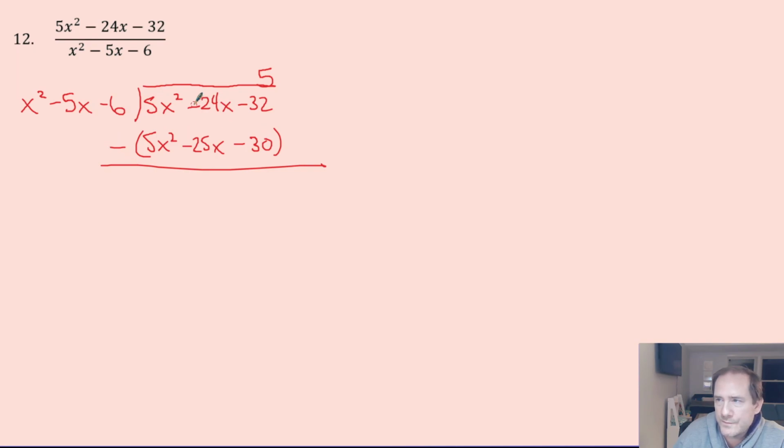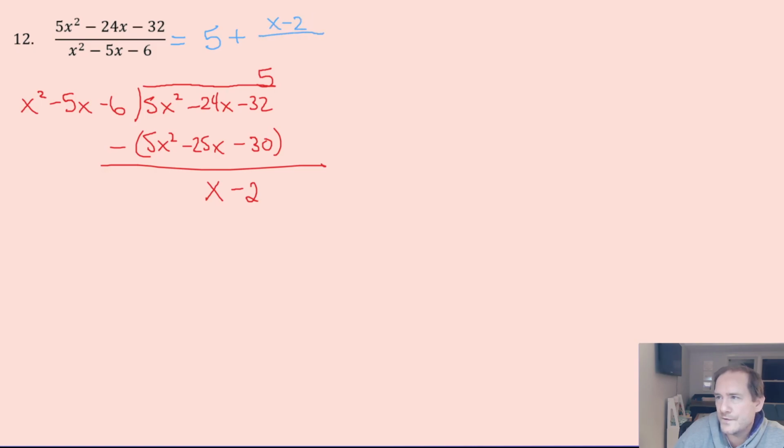Cancels. This will be negative 24x plus 25, so 1x. This will be negative 32 plus 30, so minus 2. And that's that. We're in our quotient plus remainder over divisor form now. Our quotient is just the 5. And we're adding to that an x minus 2.